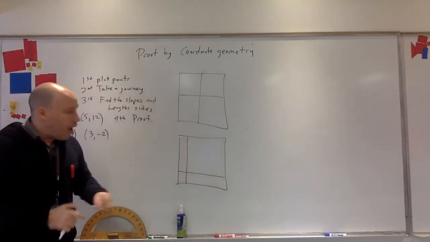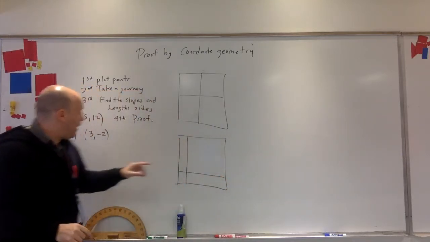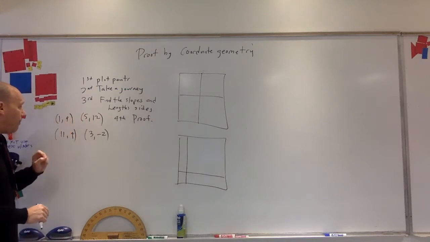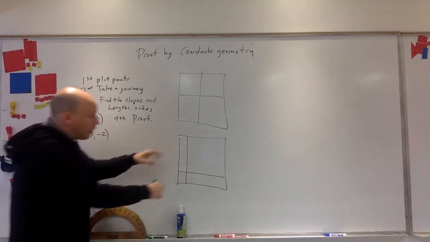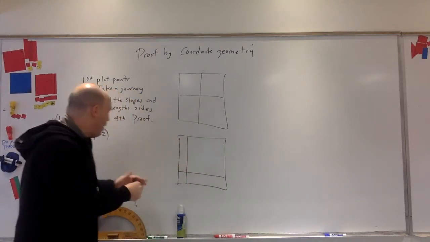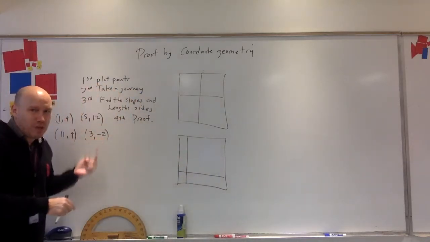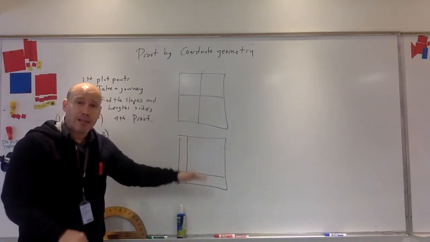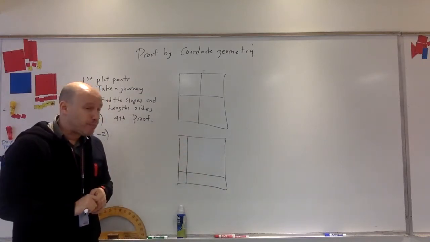Once again, I need high numbers: my 12, my 9, and my 11. So I need a lot of positive space, but I don't need much negative space. All I need is this 3, negative 2. So it's okay to draw your axes just like this, okay?